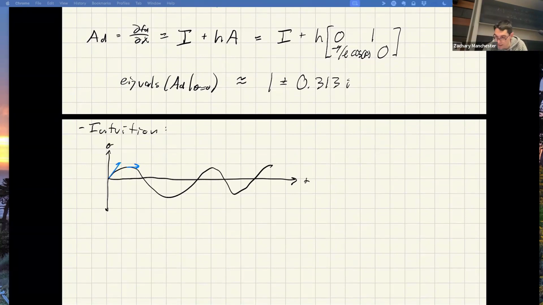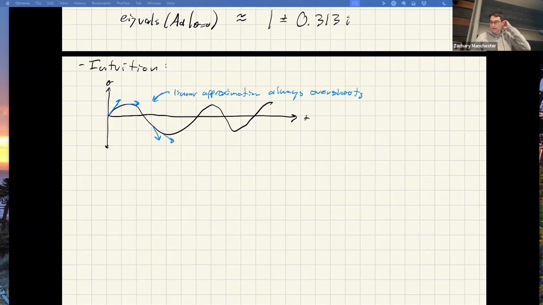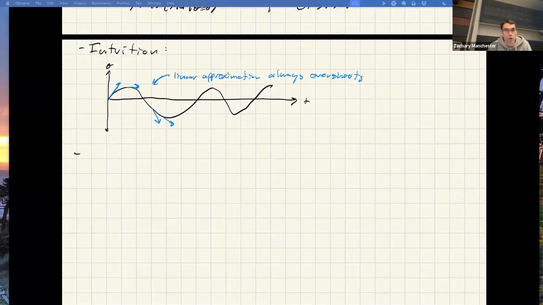And what ends up happening is, when you come around these corners, you're always overshooting with that linear approximation, right? I'm always going a little bit along this x dot vector. And so I'm always overshooting the true solution. That's another way I think about this. And that's how you get this energy blowing up behavior.